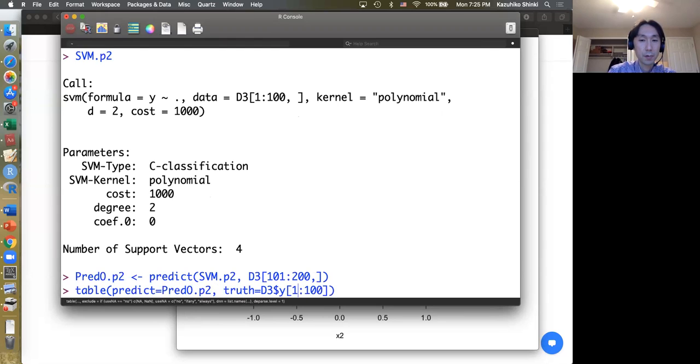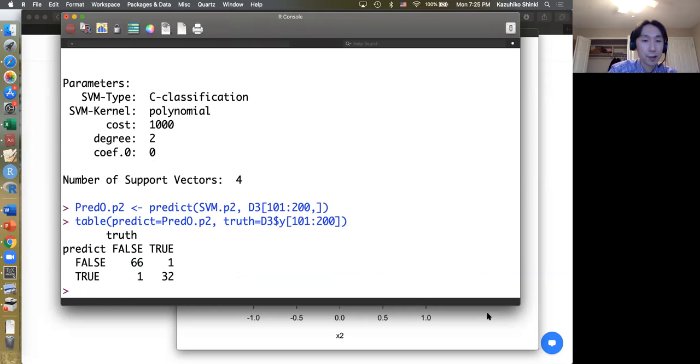And usually the test set error is larger than the training error, so maybe not perfect separation. Here we have two observations misclassified, so 98% correct, but still 2% incorrect.